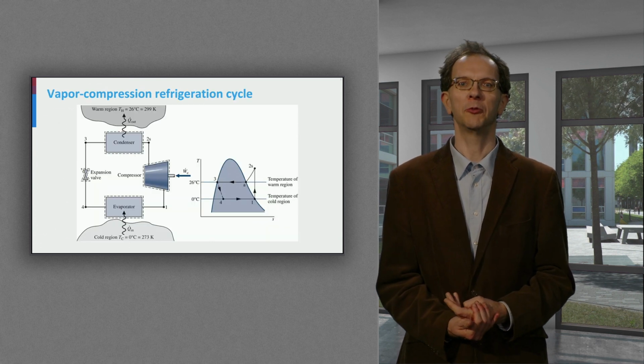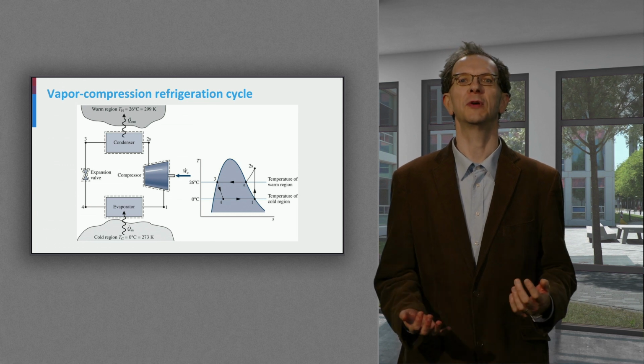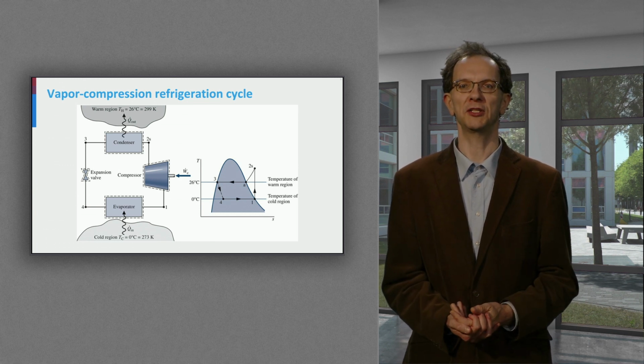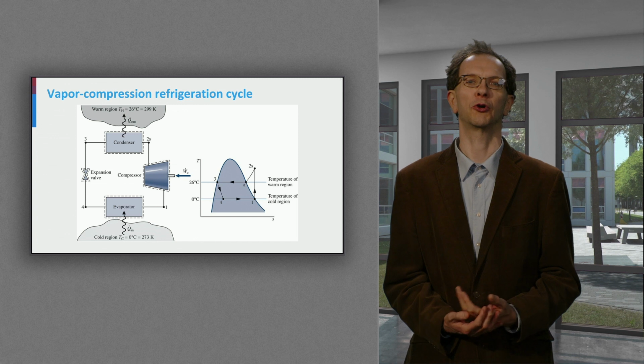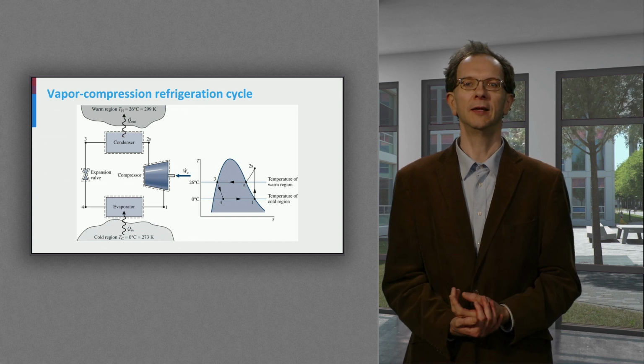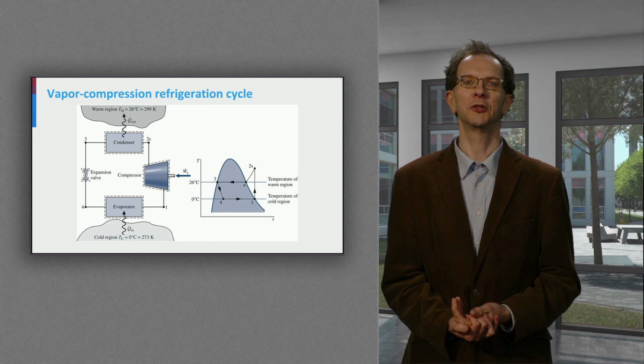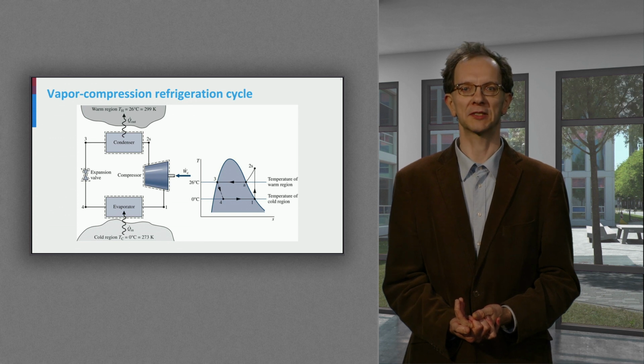Last lecture we discussed the vapor compression refrigeration cycle, which is used to transfer heat from a cold body to a hot body by transformations of a working fluid, also called refrigerant. In the evaporator, the working fluid is fully evaporated, taking heat from the surrounding, in this case the cold region.